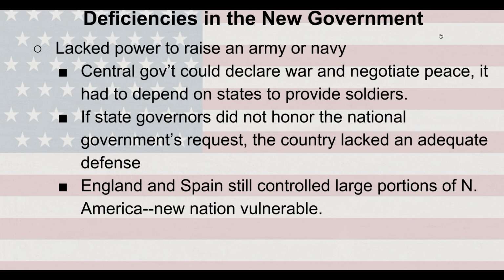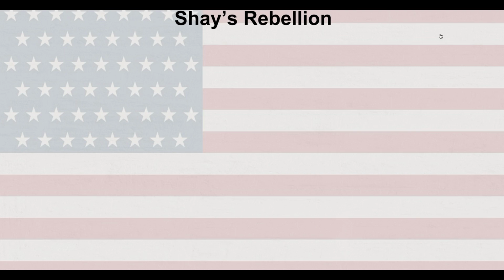And so the new nation is going to be extremely vulnerable to some outside invasion, and they have no way of defending themselves because the national government has no ability to raise an army or a navy. All of this is going to culminate in what we know as Shays' Rebellion.